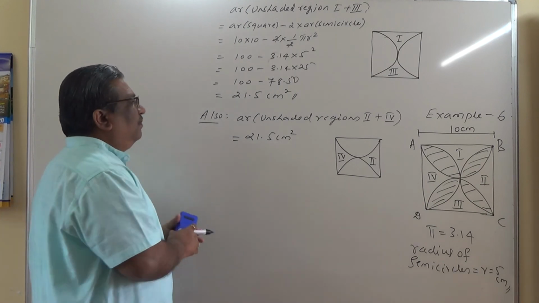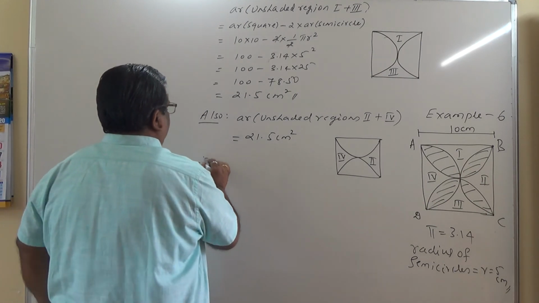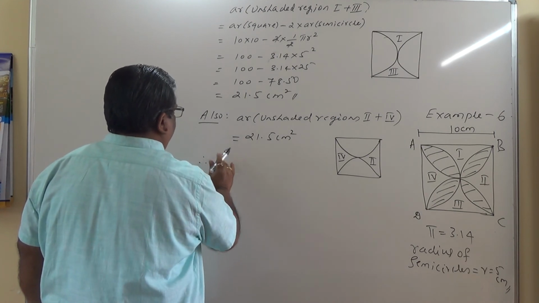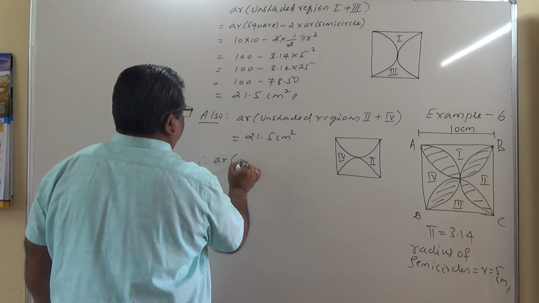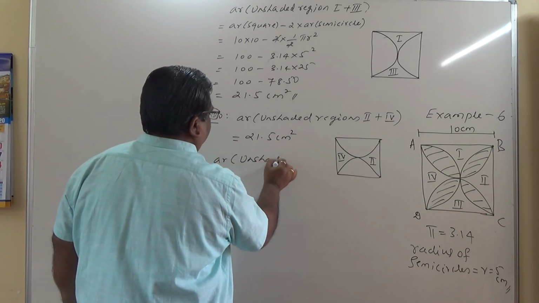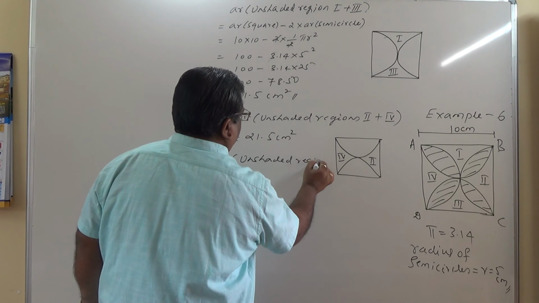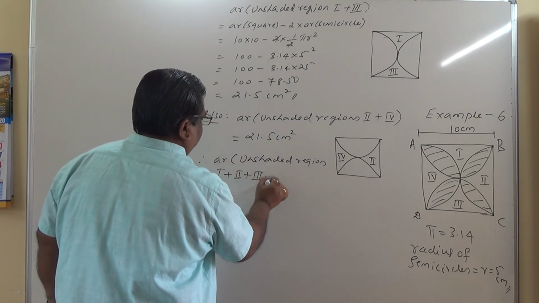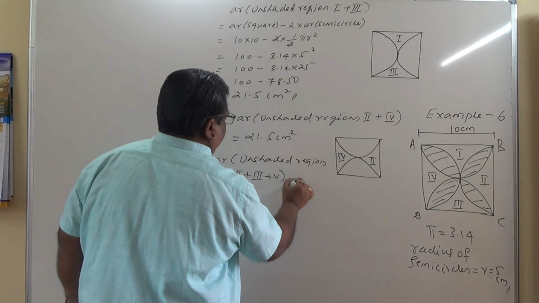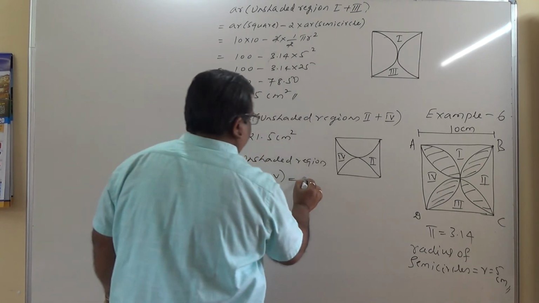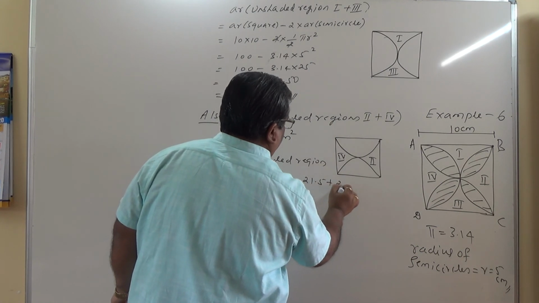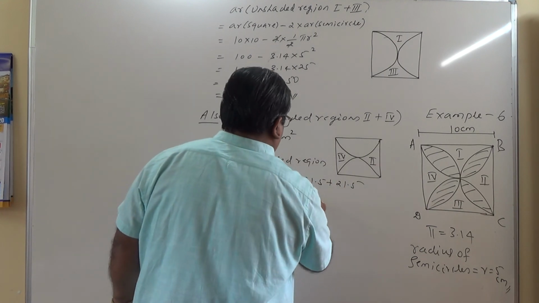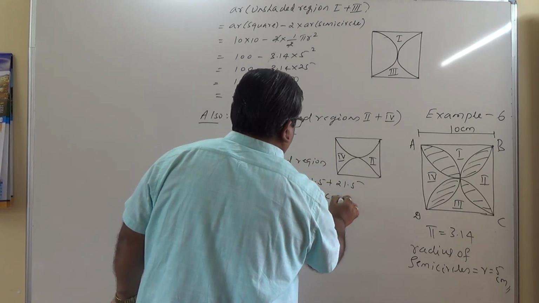Clear? Now therefore total area of unshaded region, area of unshaded region 1 plus 2 plus 3 plus 4 is equal to 21.5 plus 21.5, which is 42 plus 1, 43 square centimeter.